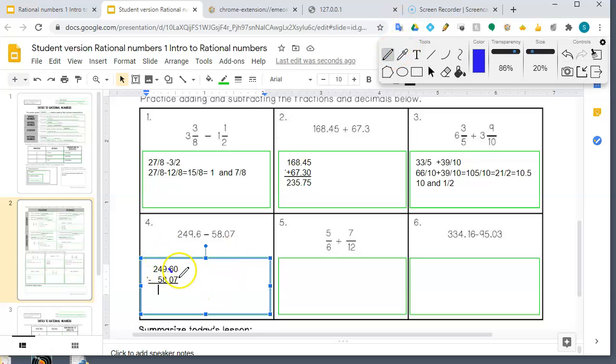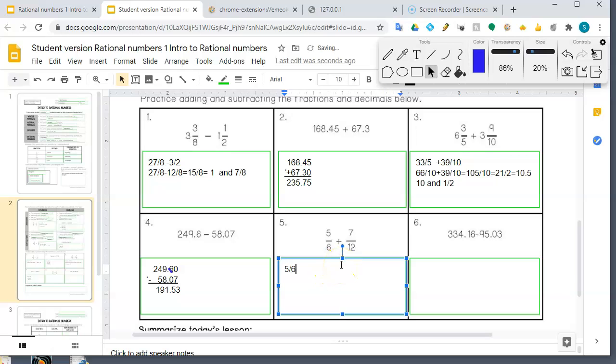And we're going to get a 5 up there. So we're going to have 53 here. So 0.53 at the end here. Then we're going to have a 1 here. And then we've got 24 minus 5. That's going to be a 19. So we're going to have 191.53.